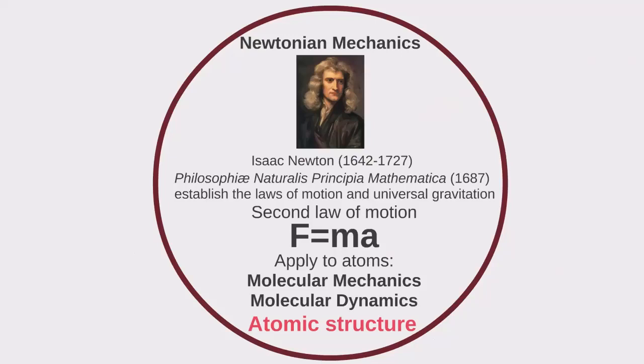For very large systems that we can study for a long time, we use Newtonian mechanics. You're all familiar with this, I'm pretty sure. This is the famous equation, the second law of motion of Newton.